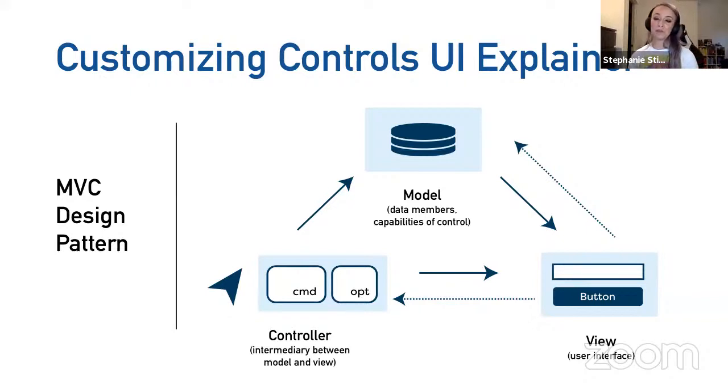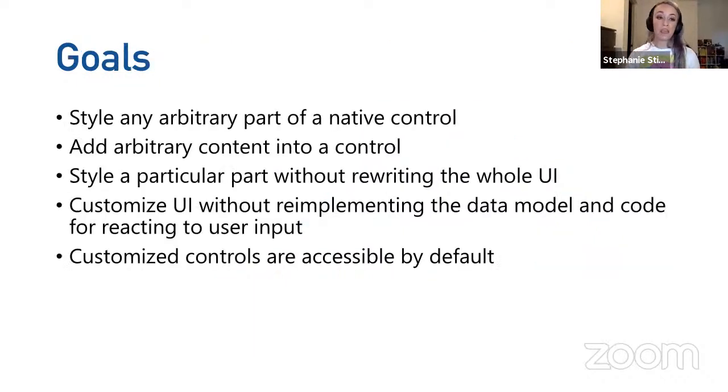So the proposal for form controls is using the MVC design pattern, where a form control is made up of three distinct parts: a model, a view, and a controller. I'm not going to dive into all the details about this. There's a lot of information on the internet on this pattern, so feel free to go do your own research on that. But these are the goals that the proposed solution explainer has set out to accomplish.